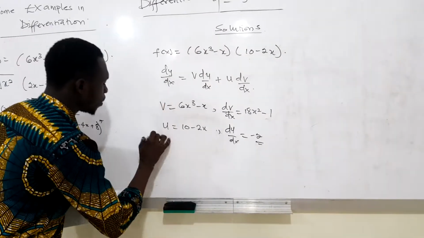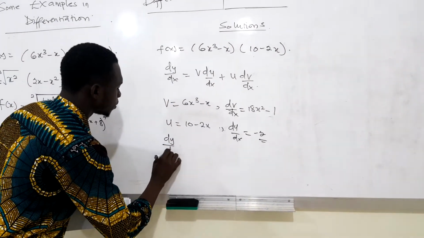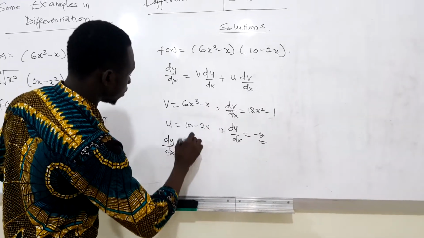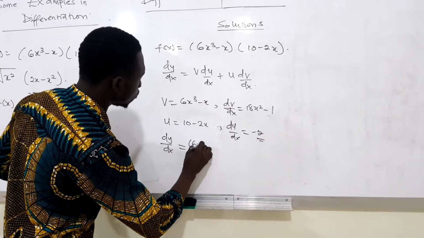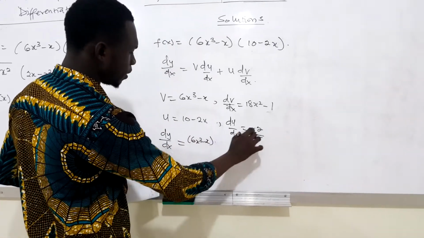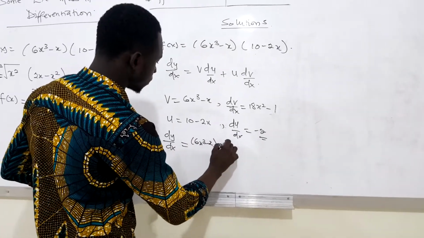Now, my dy dx is then v, which is 6x cubed minus x, multiplied by du dx, which is what? Negative 2.